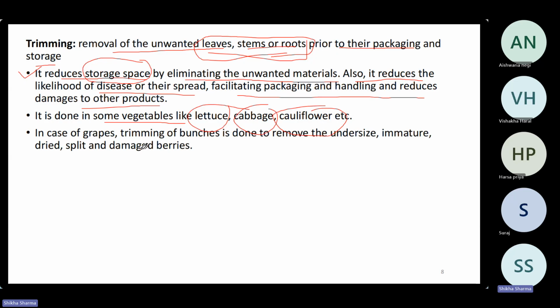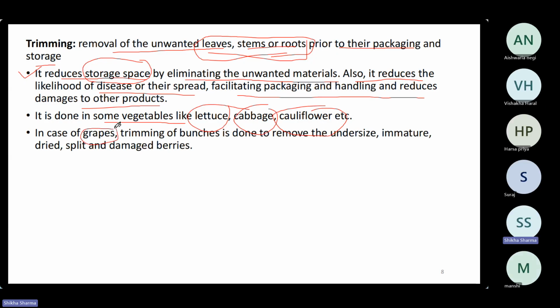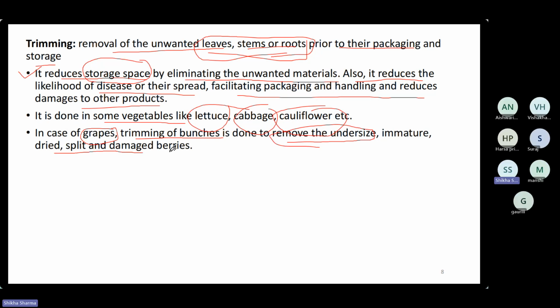And if we talk about grapes or berry-like products, trimming of the bunches is done. If we are trimming the bunches, what will happen? It is done to remove the undersized, immature, dried, split, and damaged berries.